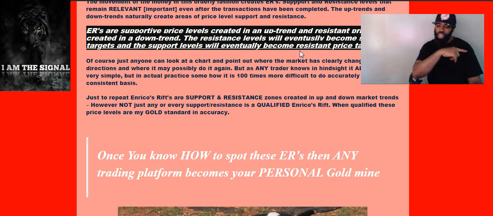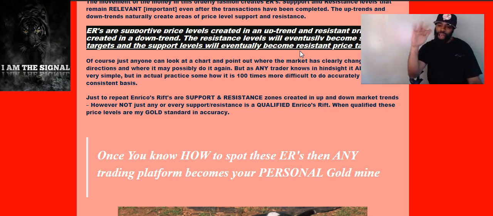When the market is in an uptrend, you're going to note that there are support levels being created in that uptrend. Now, when you extend those levels out, the extension out is where Enrico's rift is being created, right?